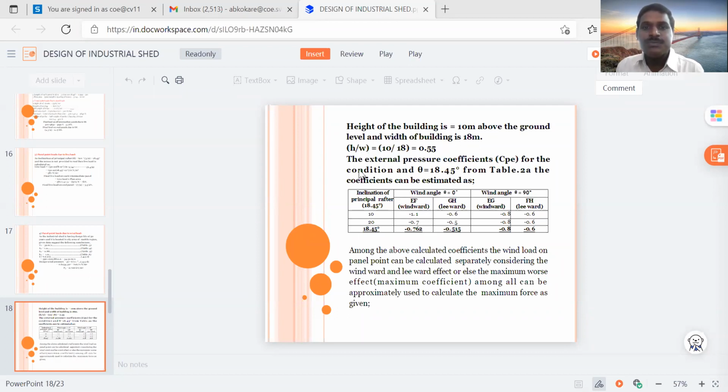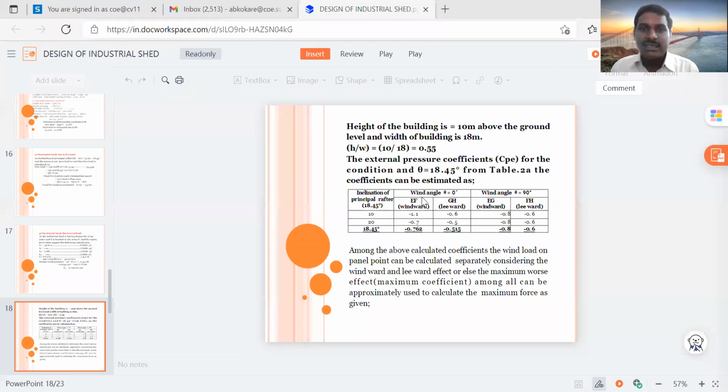For 0.55, the external coefficient CPE for theta 18.45 degree is in table number 2A. Here 18.45 degree is in between 10 degree and 20 degree.